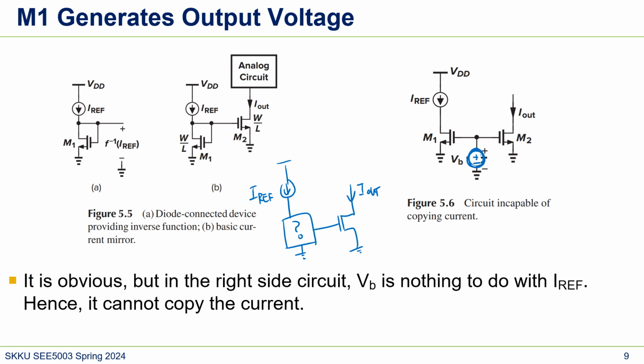We put some voltage source, and this is not working because this voltage has nothing to do with this IREF, right? Because this gate of the MOSFET is input, not output. So we need some path that makes this gate voltage a function of IREF. So this will not work.